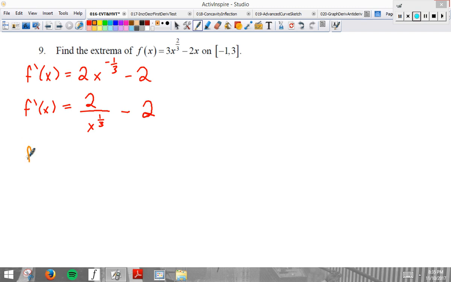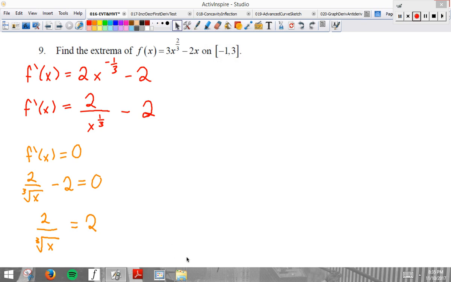Our first step is to set this equal to 0 and find what kind of values we get. So 2 over the cube root of x minus 2 equals 0. Add 2 to both sides. 2 over the cube root of x equals 2.